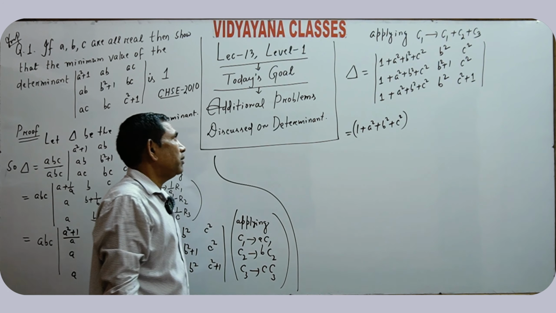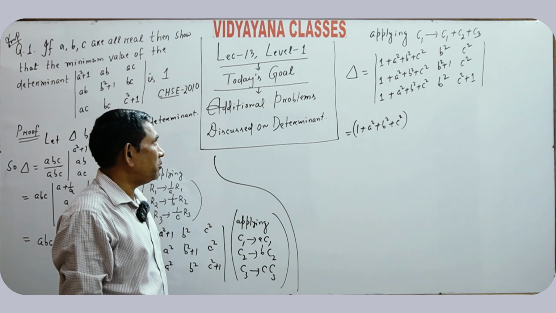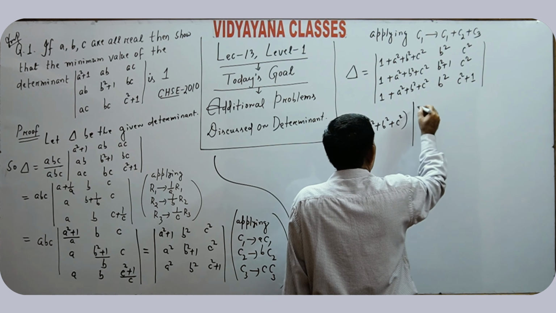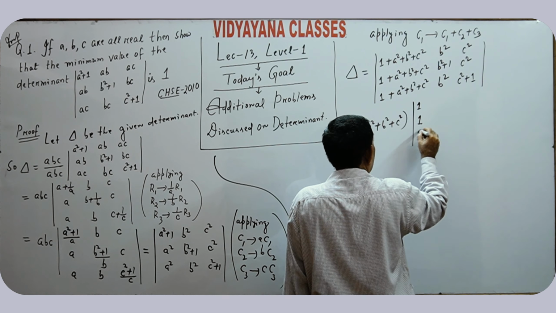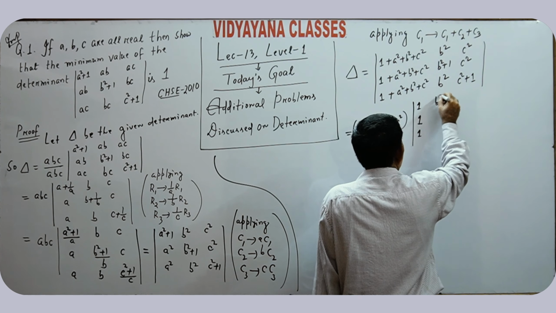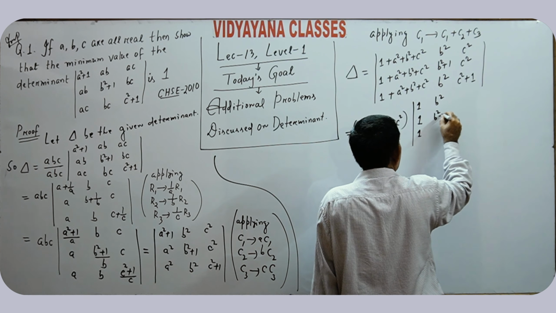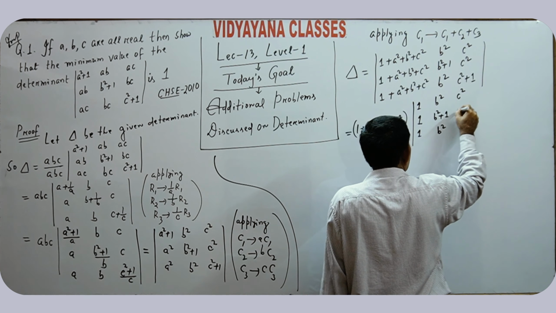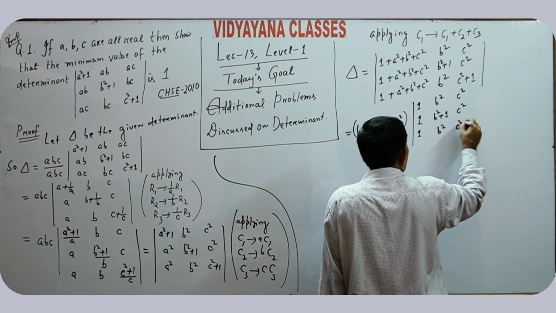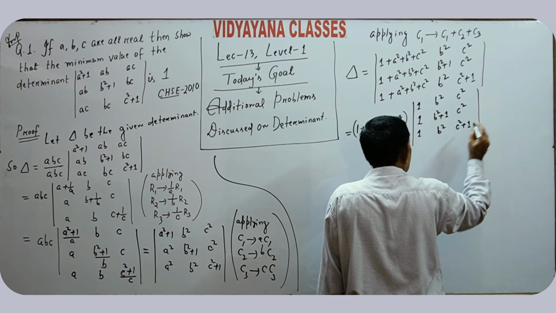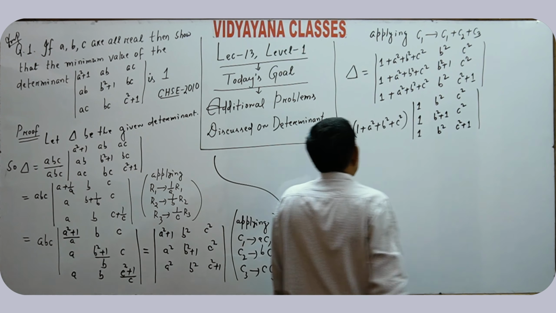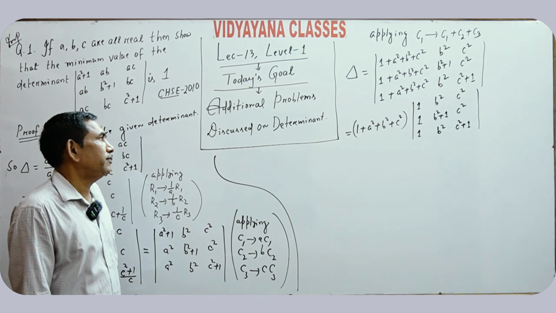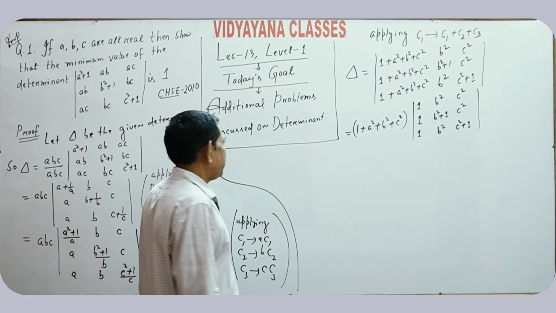Taking 1 plus a square plus b square plus c square as common from column 1, it gives 1, 1 and 1; b square plus 1, b square; c square, c square plus 1.